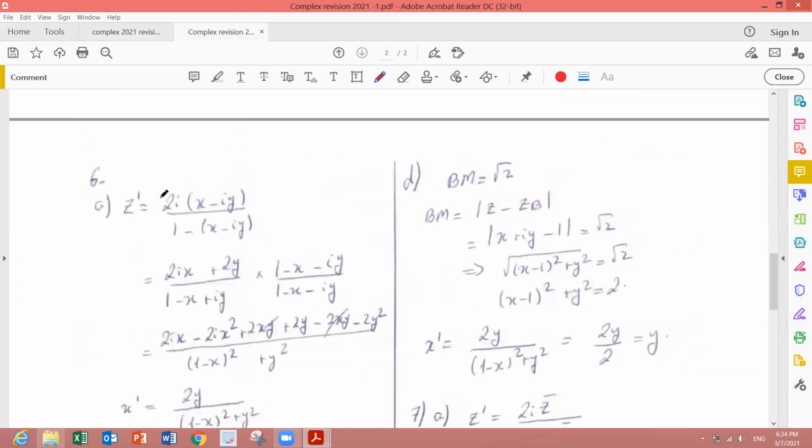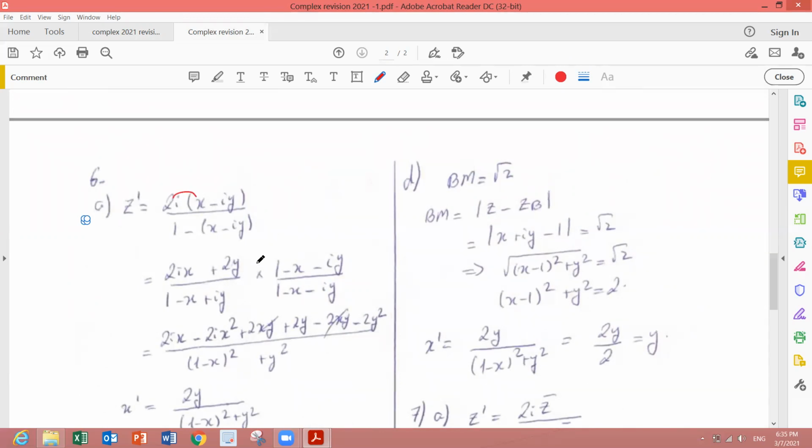So here we have z prime equal 2i into x minus iy, which is z bar, over 1 minus x plus iy. We expand: 2ix minus 2i squared y, which becomes plus 2y, over 1 minus x plus iy.